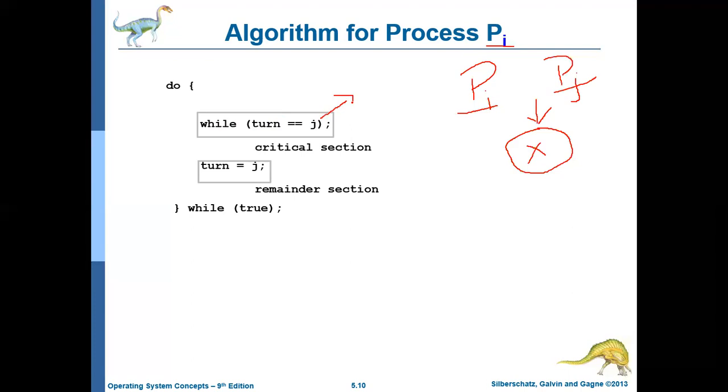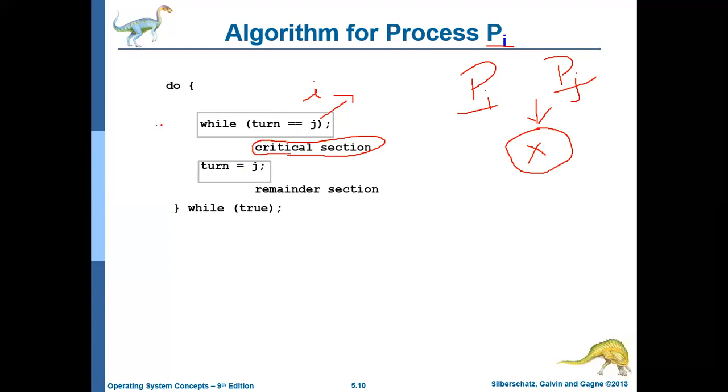If it is not jth turn, then turn will be equal to i, since there are only two processes, either i or j. If turn is equal to j, then it will keep on waiting. If turn is not equal to j, then it will enter the critical section. It will execute the critical section and it will again make turn equal to j.